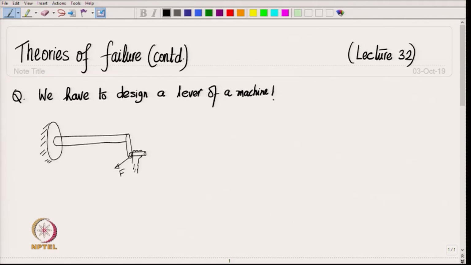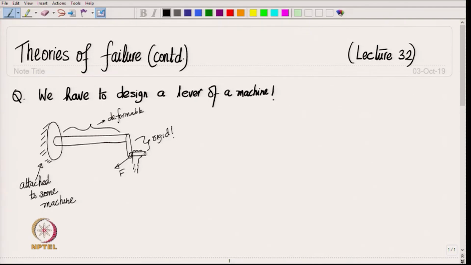So, this can be used to turn, and the part over here, this could be attached to some machine, all right. So, the handles are usually quite rigid, and it is this shaft which is deformable. Okay. So, we have to design this shaft.